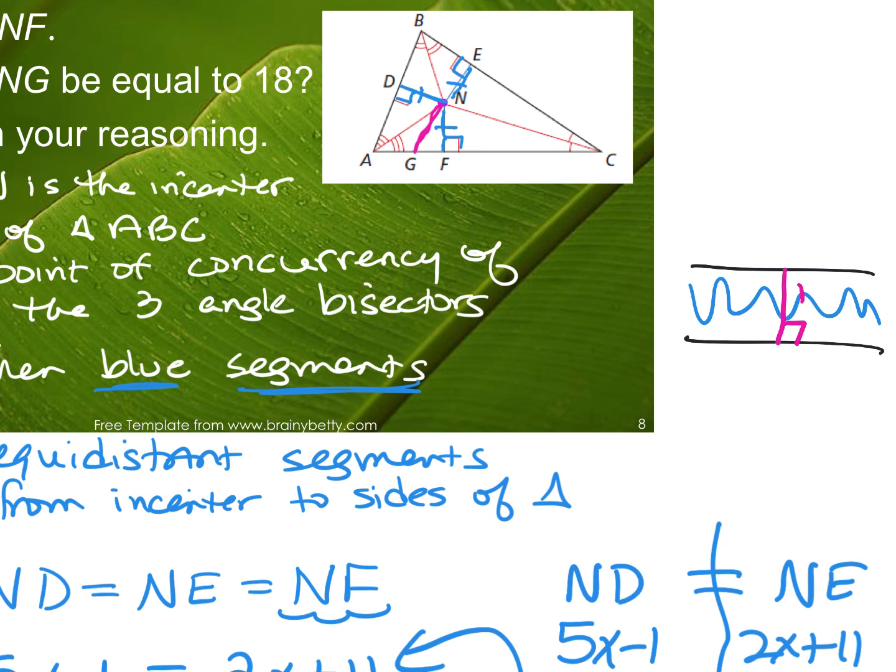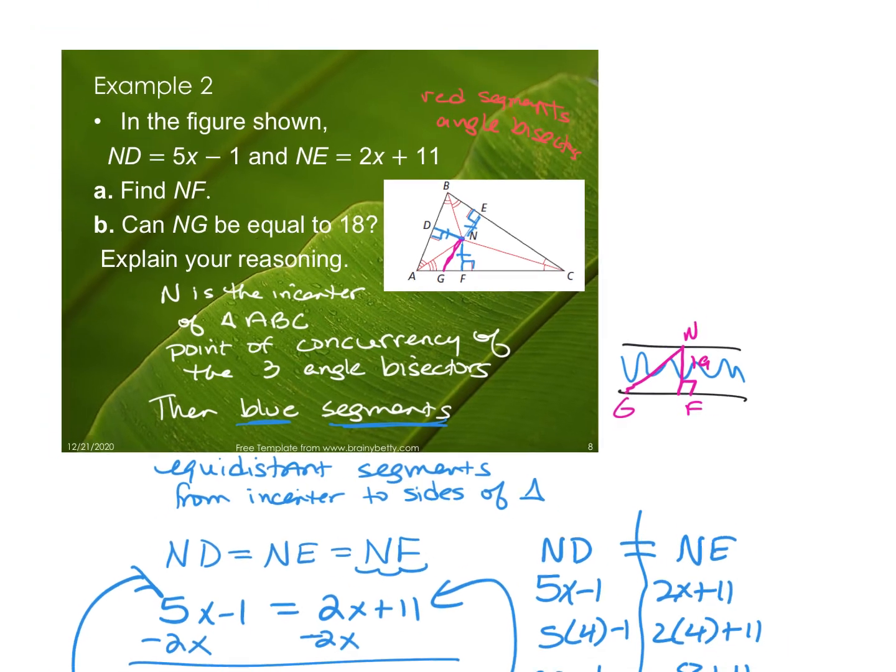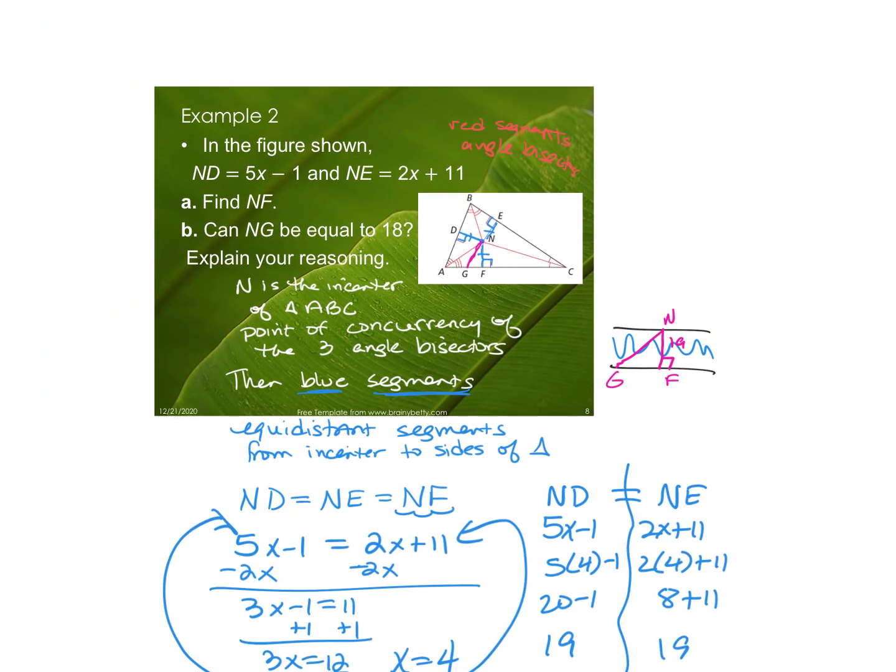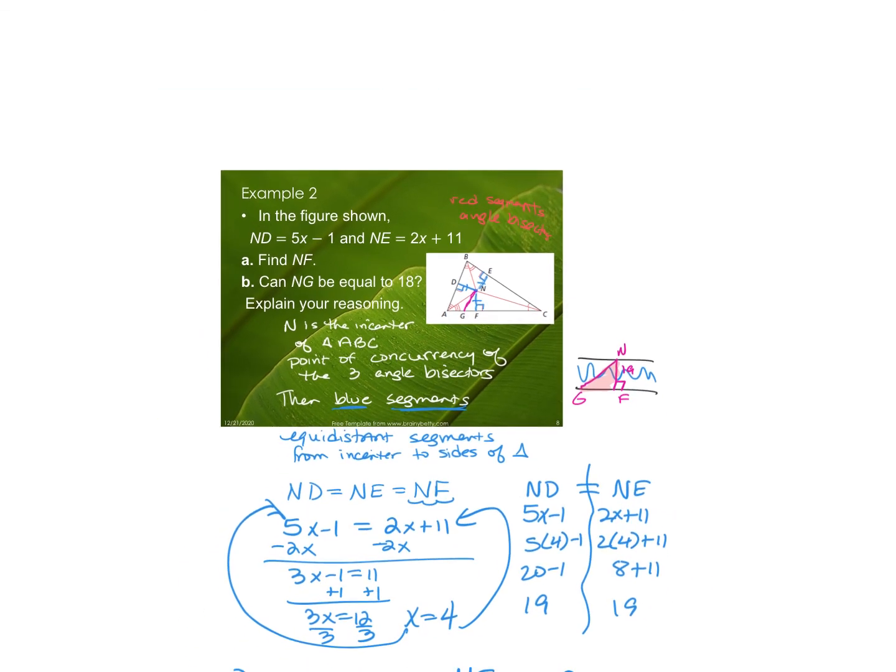So if this is 19, then this other diagonal segment, NG, can't be smaller than 19. This is why NG could not be equal to 18, because the shortest distance was NF. You could also think of this as a little right triangle with NG as the hypotenuse, and the hypotenuse is always the biggest side.